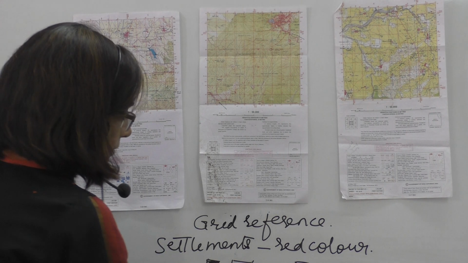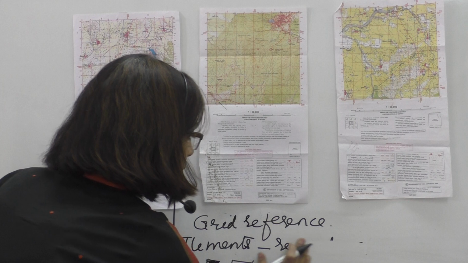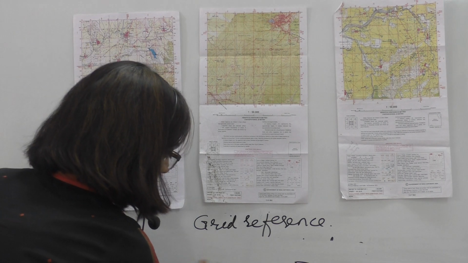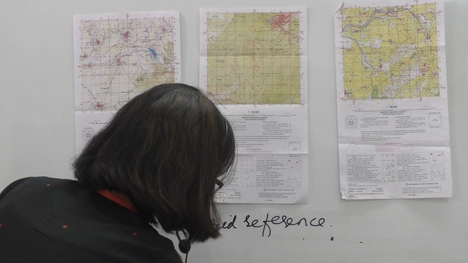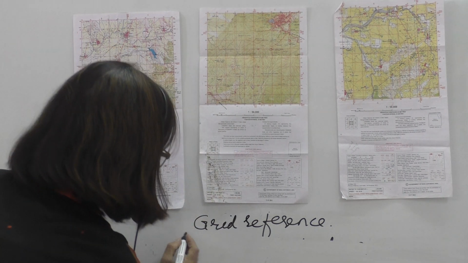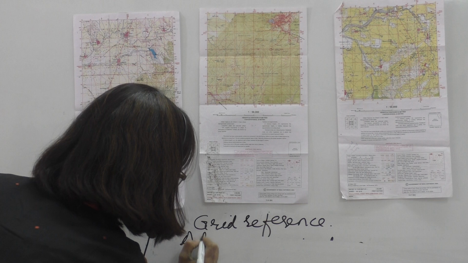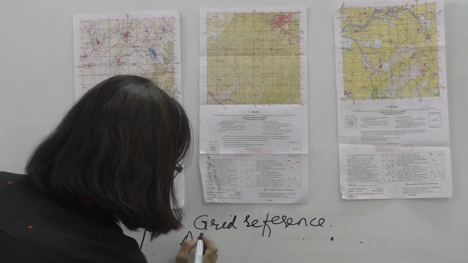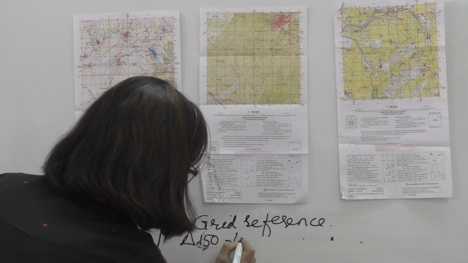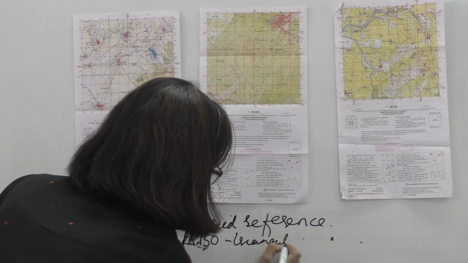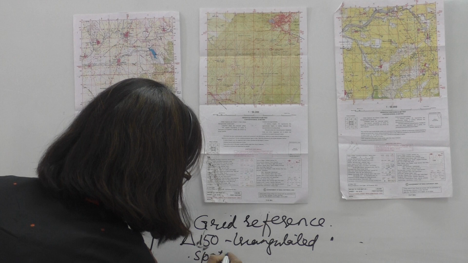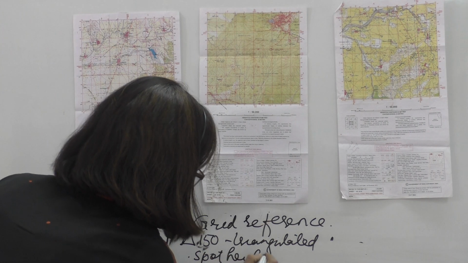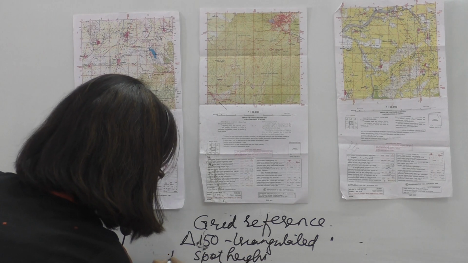Other than the triangulated height and post office: I've said triangulated height, where 150 is the triangulated height. I have said spot height, shown by a spot, and 150.